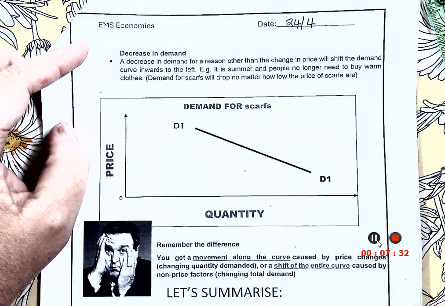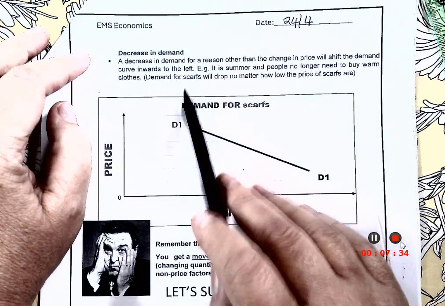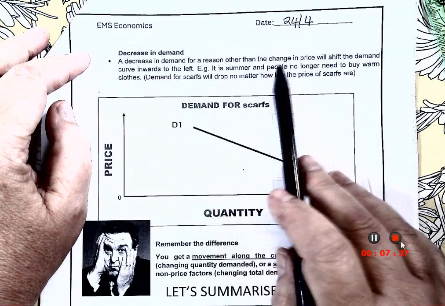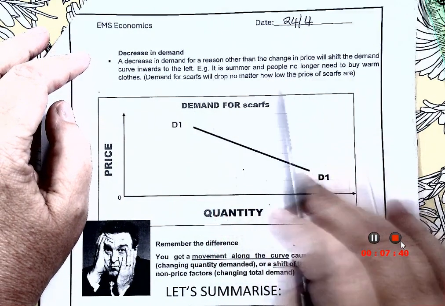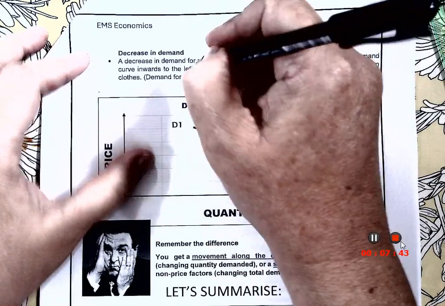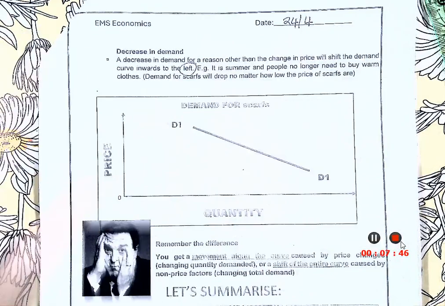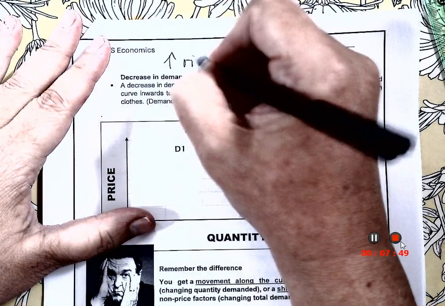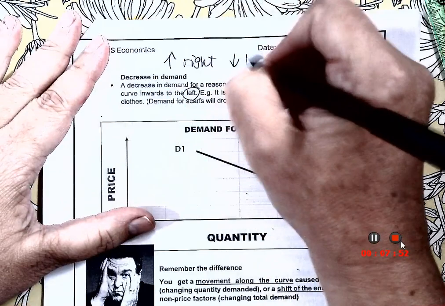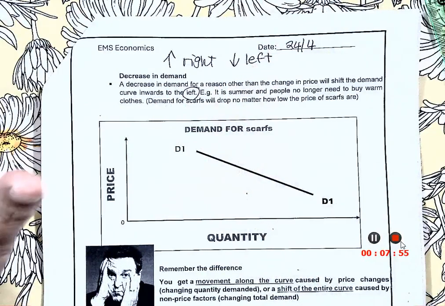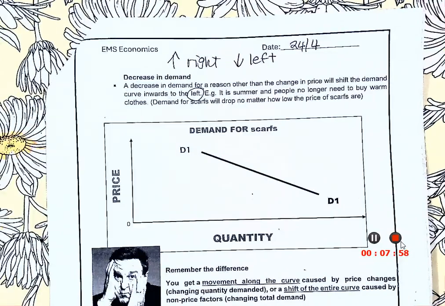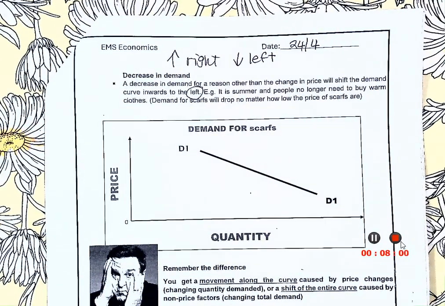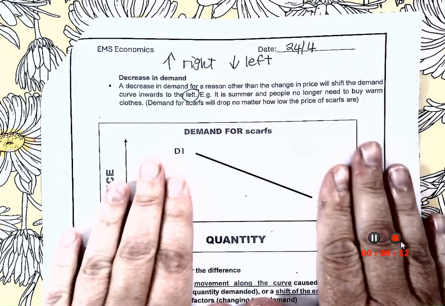Now, a decrease in demand for a reason other than the change in price will shift the demand curve inwards to the left. So just remember, increase goes right, decrease goes left. Now, they say, for instance, it's now summer and people no longer need to buy warm clothes. So the demand for scarves will drop. So again, I look at my hands. I put my hands on both sides of the line.